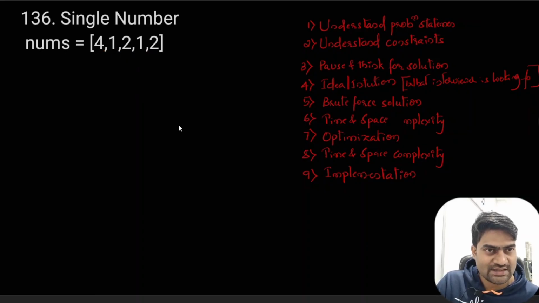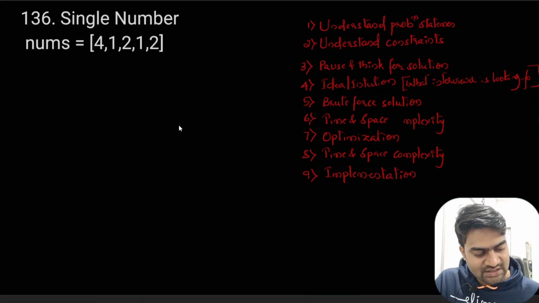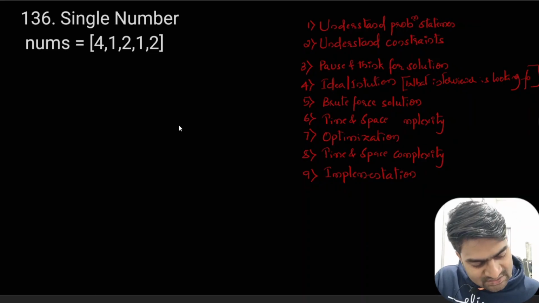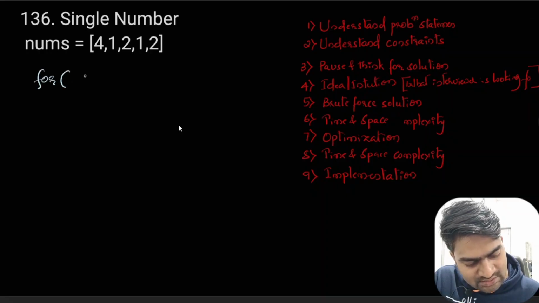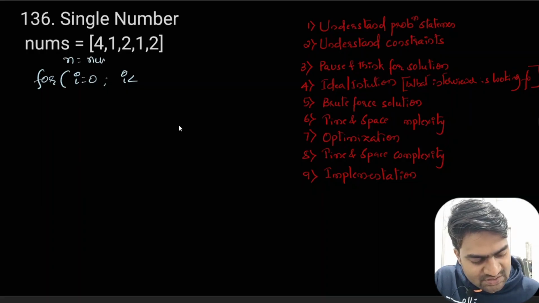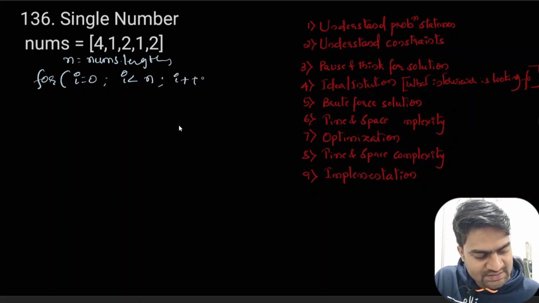With this, let us try to write the pseudocode. I will take a for loop for i equal to 0, i less than n, where n will be nums.length, i plus plus.